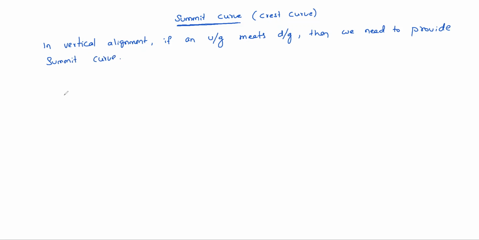That means suppose like this, one upgradient is joining with some down gradient like this, then obviously we need to provide a summit curve like this. Gradually it goes like this, okay?